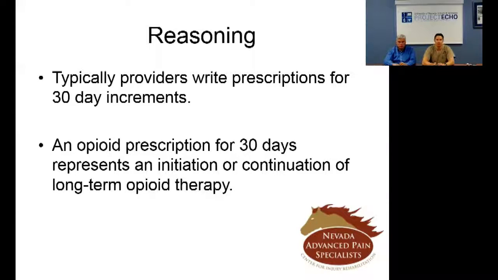But typically what they've seen is that providers write prescriptions for 30-day increments. So when you see a patient, it's a fine line between initiating versus continuing long-term opioid therapy. A lot of times we adopt these patients from other clinicians, correct?